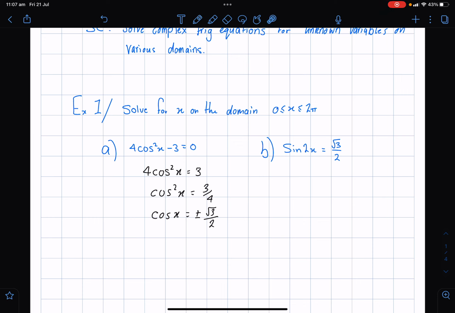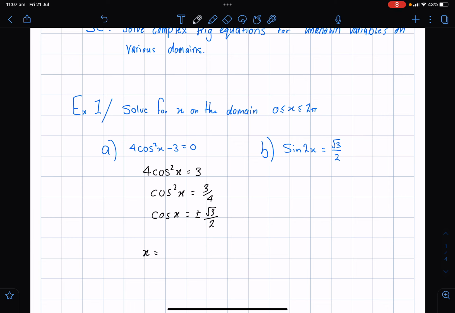Now, the whole idea of this topic is to identify what x gives me a cosine of plus or minus √3 on 2 in the domain 0 to 2 pi. Now, hopefully you know that 0 to 2 pi is our unit circle domain. So hopefully you've got your unit circle with you. We're going to go through. So all we have to write is x.